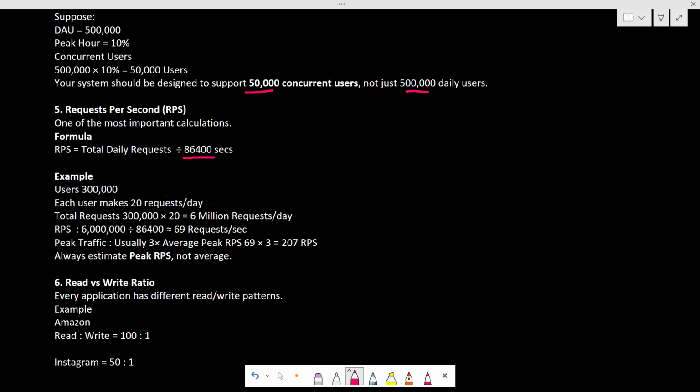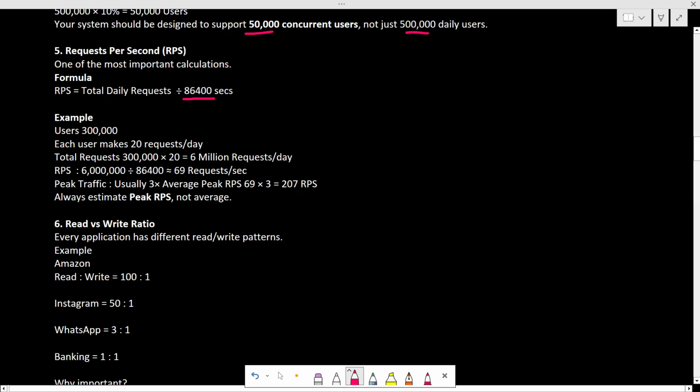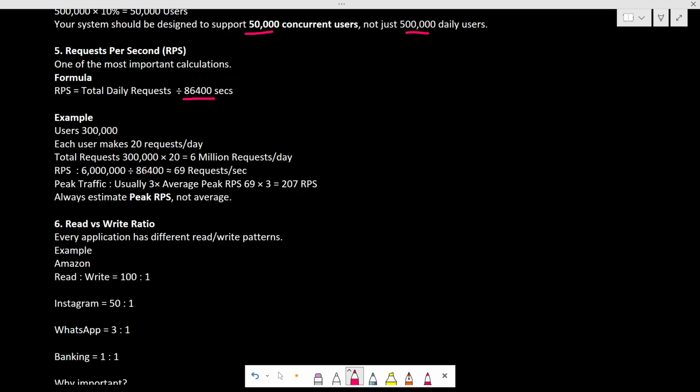So for example, the users are 3 lakhs and each user makes 20 requests per day. So total requests: 3 lakhs multiplied by 20, so 6 million requests per day. So this 6 million divided by 86,400 is roughly 69 requests per second.